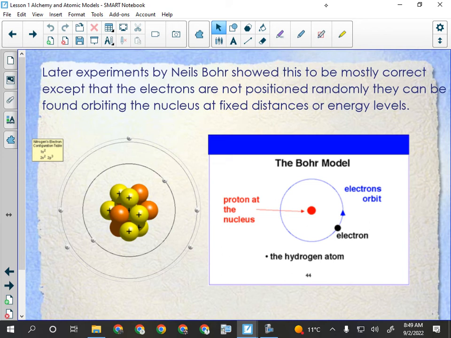Then things get crazy for a while. We discover protons, we discover neutrons. Nobody knows what the atom looks like anymore. Nobody can prove one way or another what it looks like until who comes along and runs this gold foil experiment? Rutherford. Okay, so Rutherford comes along and he runs that experiment with the really thin piece of gold foil.